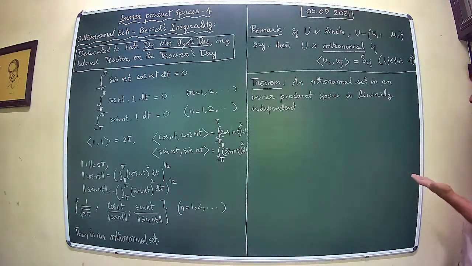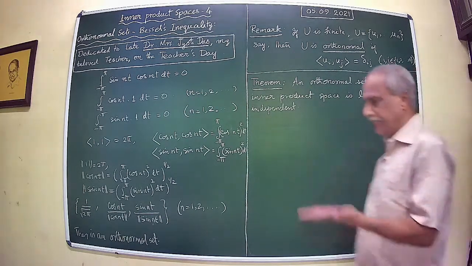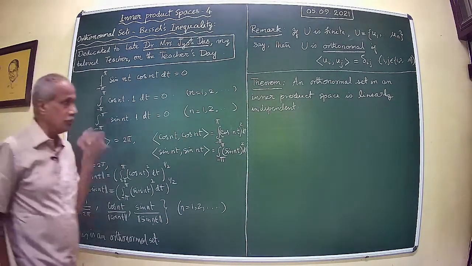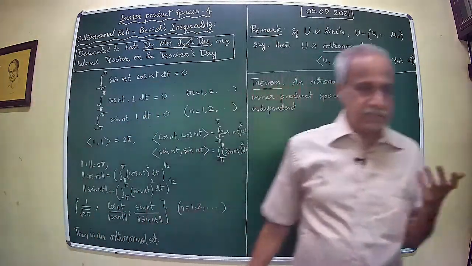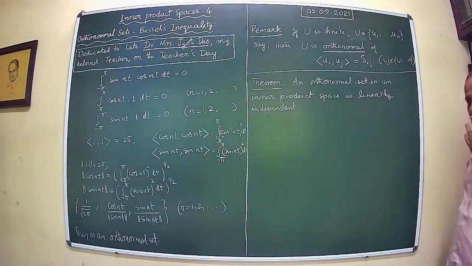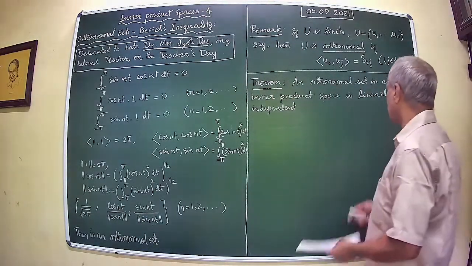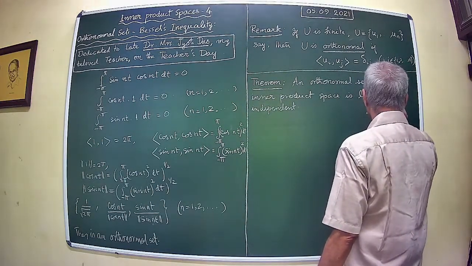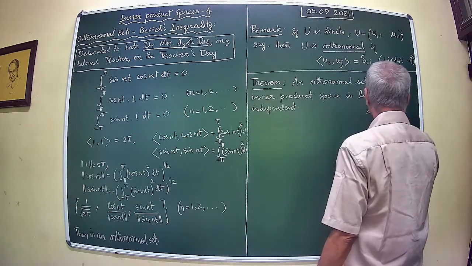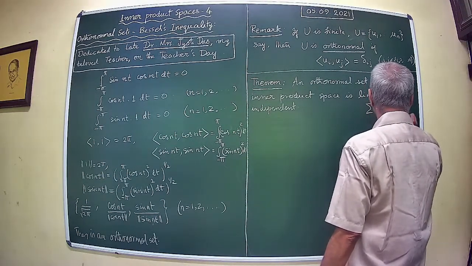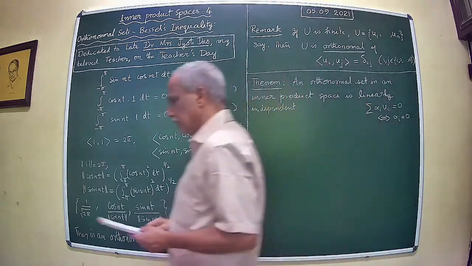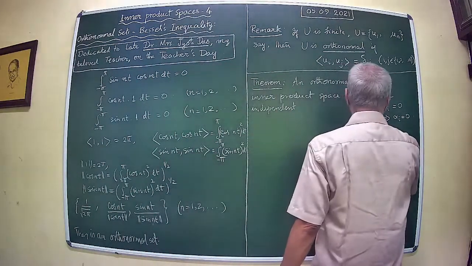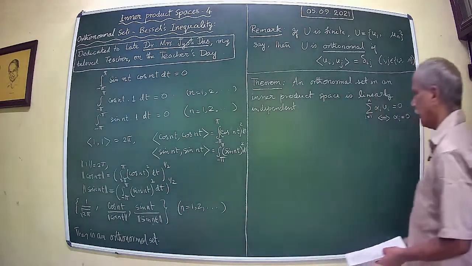Now, if you are talking about the linear independence of a finite set, then it means that suppose u1, u2, etc., un is a finite set which is linearly independent, then it means that sigma alpha_i u_i equal to 0 implies alpha_i equal to 0. This we have seen. This is the definition of the linear independence for i equal to 1 to n. This is for a finite set.